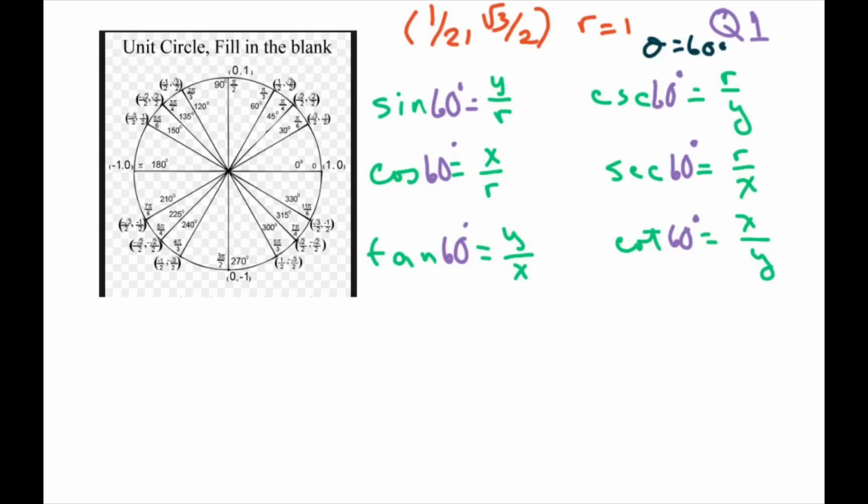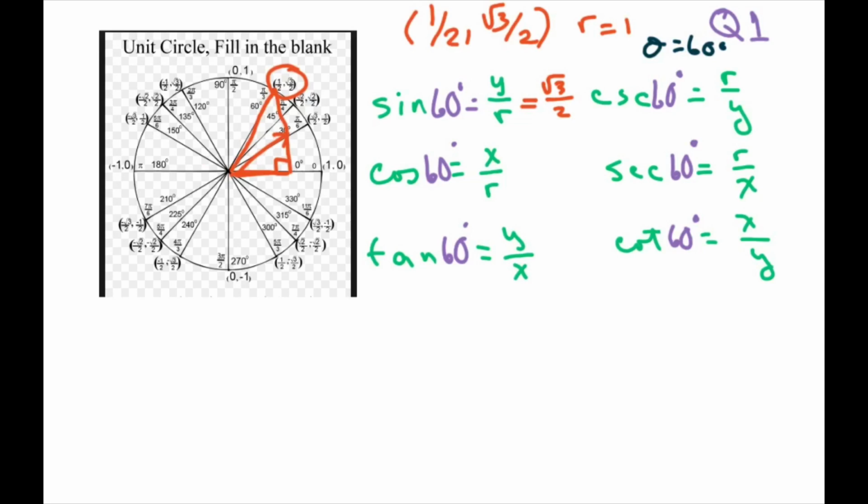So here we have 60. There's opposite this way, and here's your adjacent, and you have your x, your y, and your r. So we just fill that in. Sine of 60 is y, square root of 3 over 2, divided by 1.